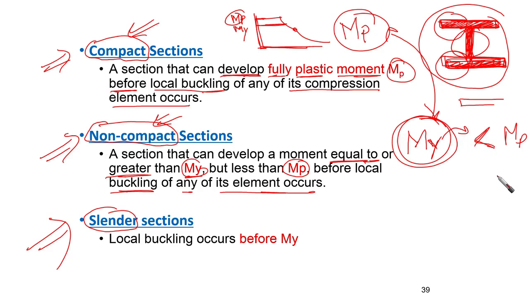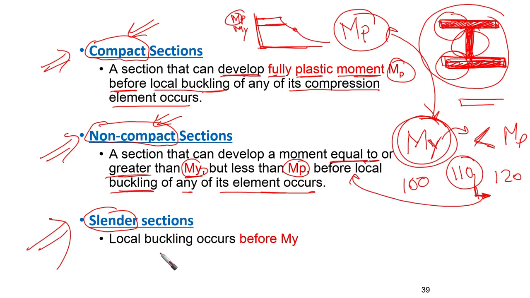If, for example, MP is 120 and M yield is 100, the non-compact section can provide, for example, 110, and after 110 local buckling occurs. The compression flange would buckle, for example.